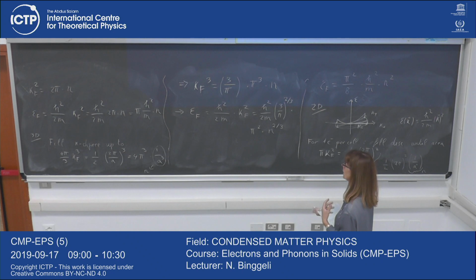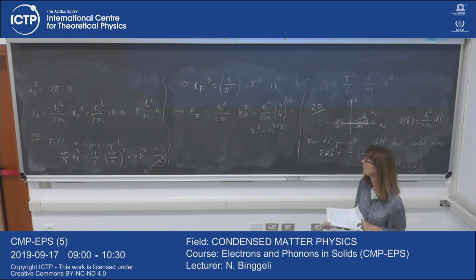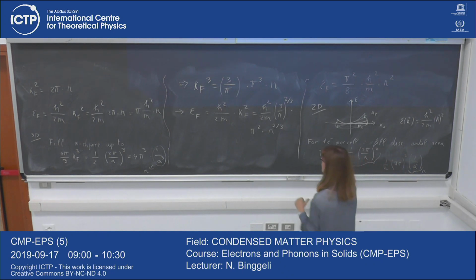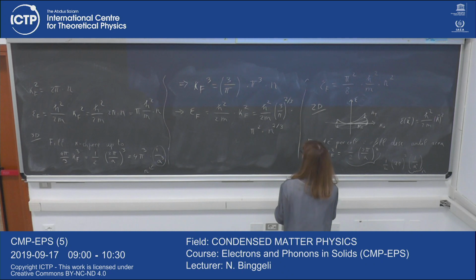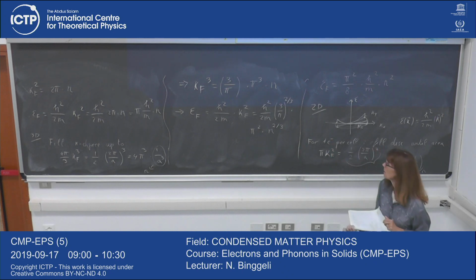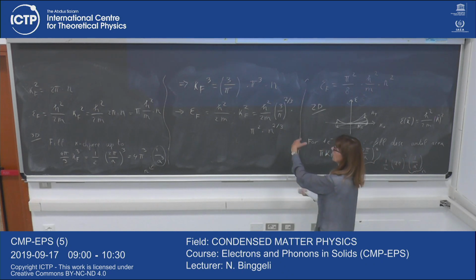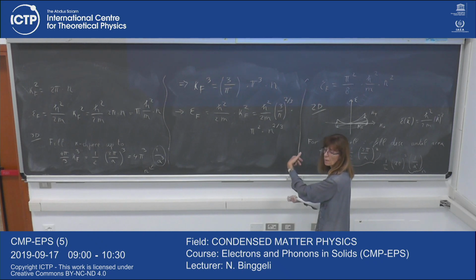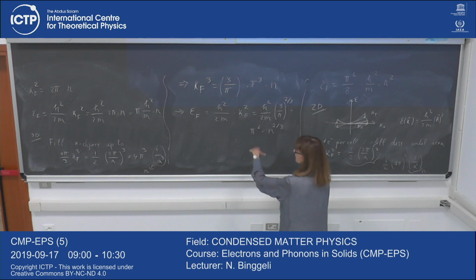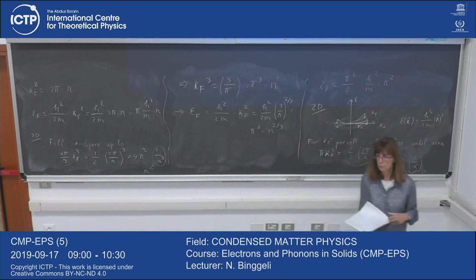And K Fermi has the unit of 1 over a length. So here, from the density to have the unit 1 over the length squared, you have to have a power 2/3, because the density goes like 1 over a to the power 3, and therefore to have the unit 1 over a length squared, you have to have a power 2/3.